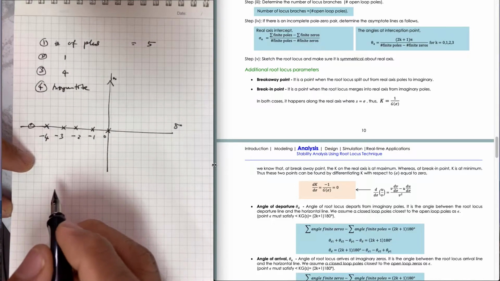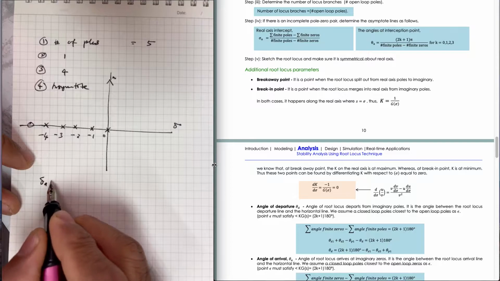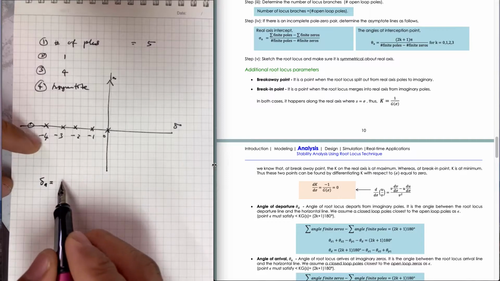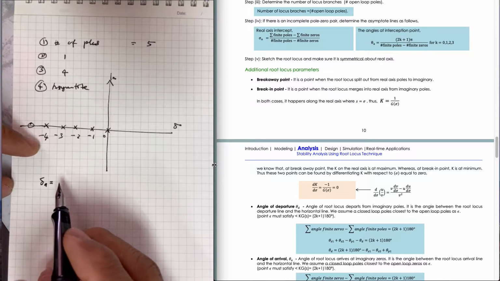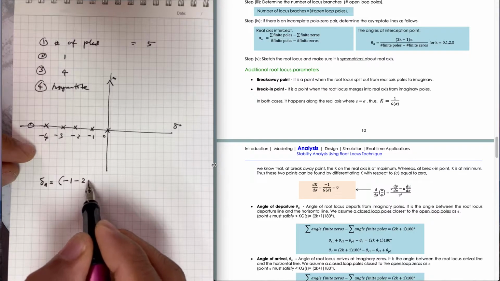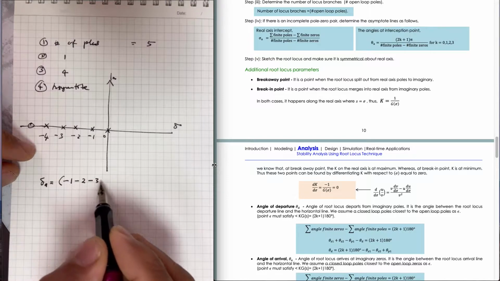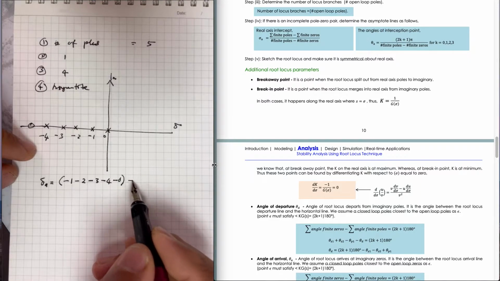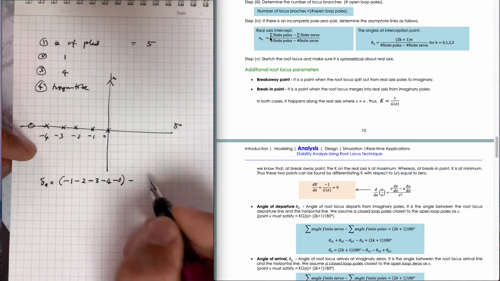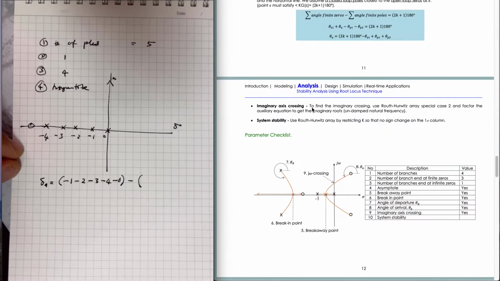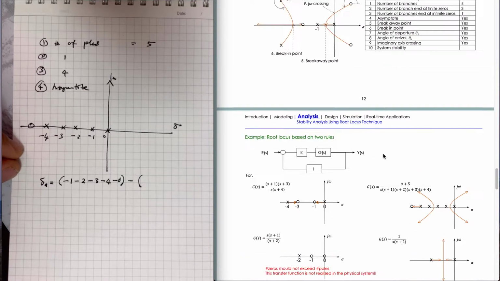So the first one, the asymptote intercept on the real axis, is the summation of the finite poles, -1, -2, plus -3, plus -4, 0, and then the total number of zeros, which is considered 5 I think. So yes, 5 here.